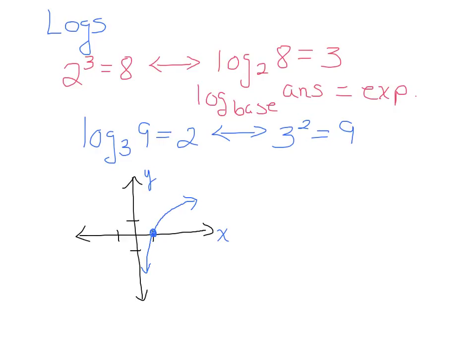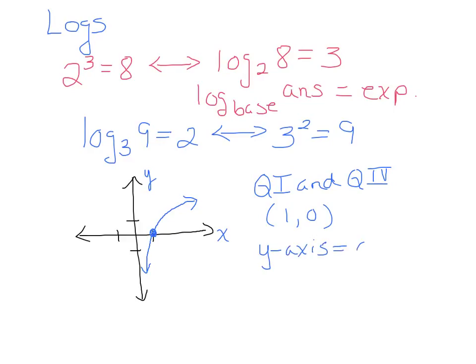So the characteristics of a log curve are, it's in quadrants 1 and 4. It goes through point 1,0, and the y-axis in this case is called that curve's asymptote, which means it's never going to touch it.